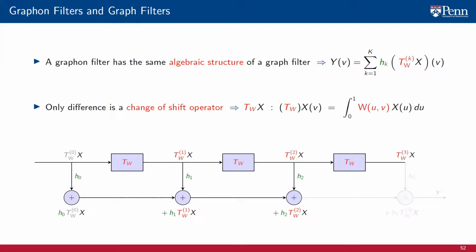By yet another application of the Graphon shift operator, we now observe the fourth element of the diffusion sequence, TW^3 of X, which is then modulated by the corresponding filter coefficient H3 and added to the previous components to construct the output Y of the Graphon filter. Here, we have a filter of order 4, but the process is essentially the same for higher order Graphon filters as well.